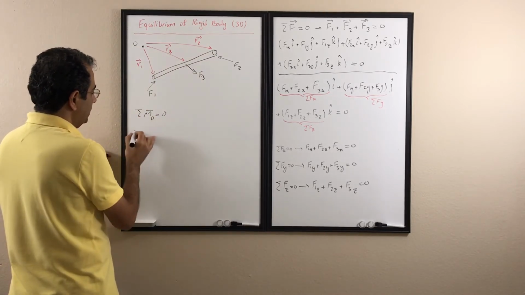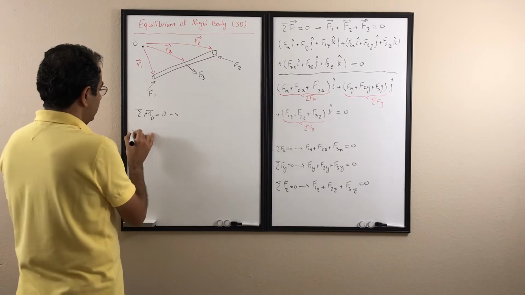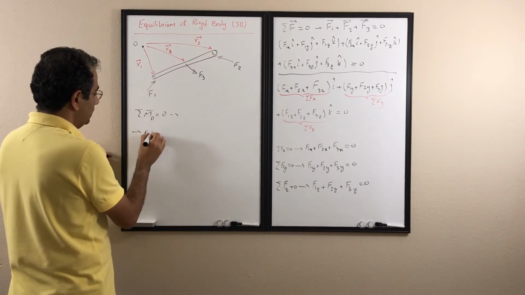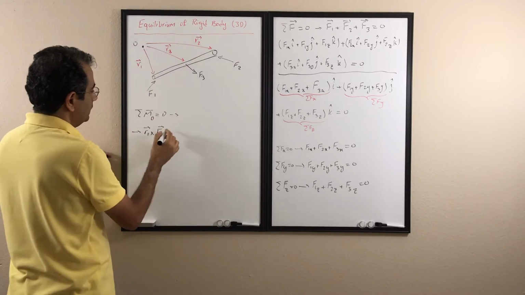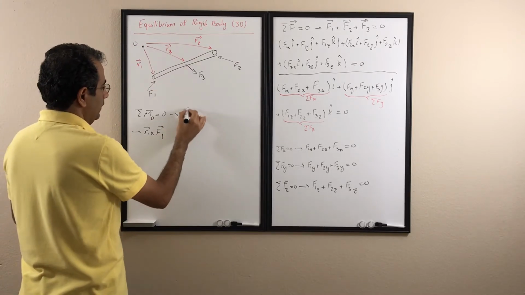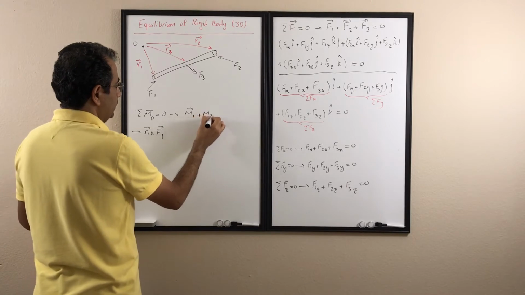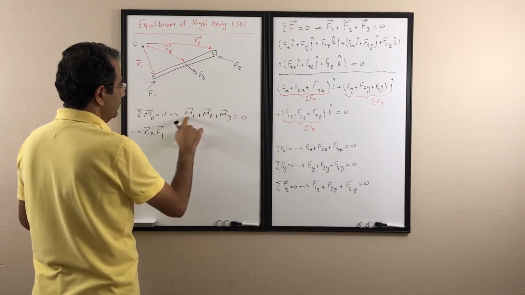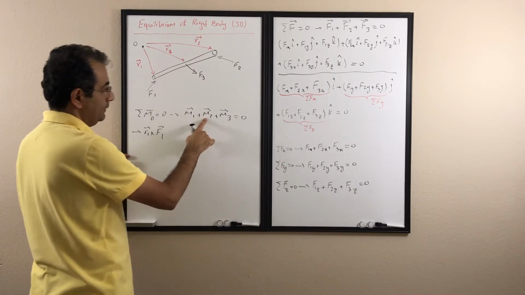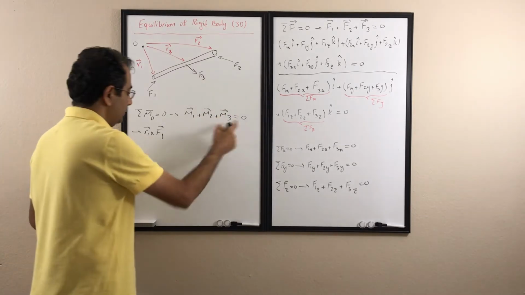What I'm going to have here is R1 cross F1. So the moment for the first one, M1 plus M2 plus M3: the moment created from the first force, the moment created from the second force, the moment created by the third force will be 0.